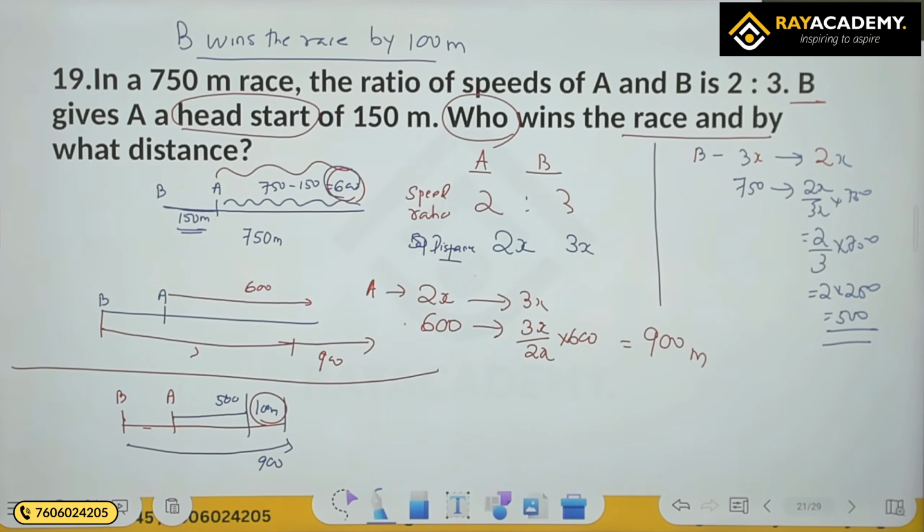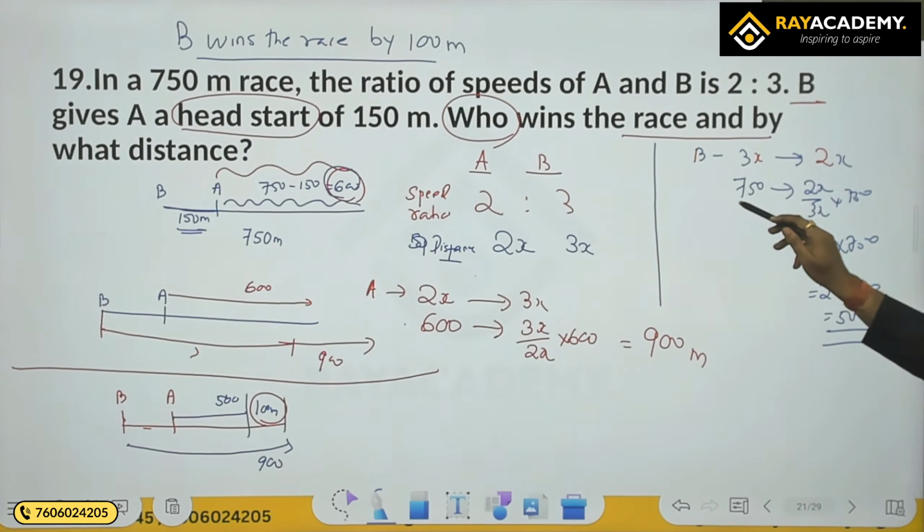So I am revisiting this again. First you must understand what a head start means. If it is given that b gives a a head start of 150, that means a has already run 150 from b's starting point. Then we are given the speed ratio, so we take the distance ratio. When a goes 600 meter, b goes 900 meter, but the total race length is 750 meter. That means b has definitely reached the finishing point earlier than a. In the second scenario, if b goes 3x then a goes 2x.